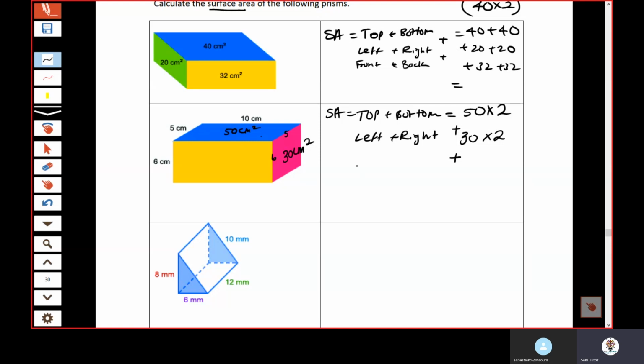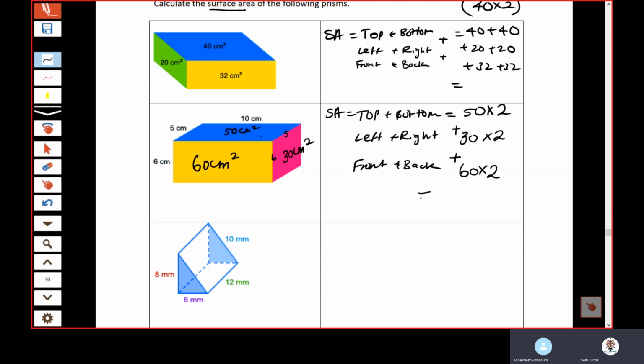Plus, what do you have left? So you've done the top and bottom, you've done the left. Back and front. That's it. Front is going to be 6 times 10. So 60 times 2.